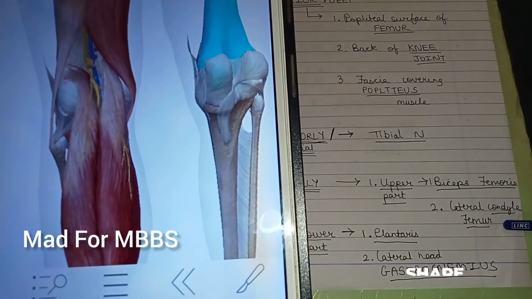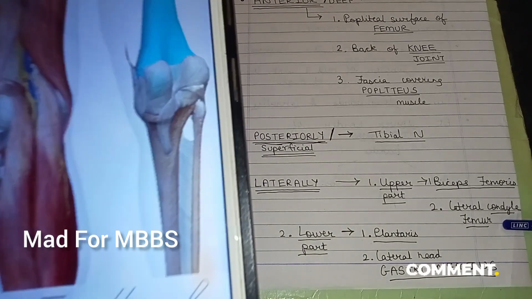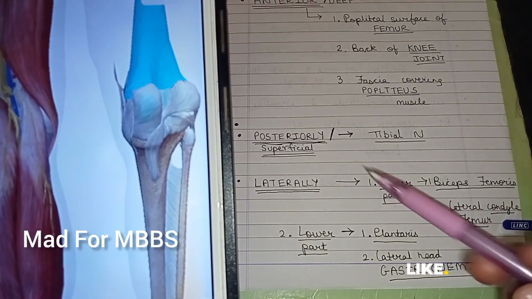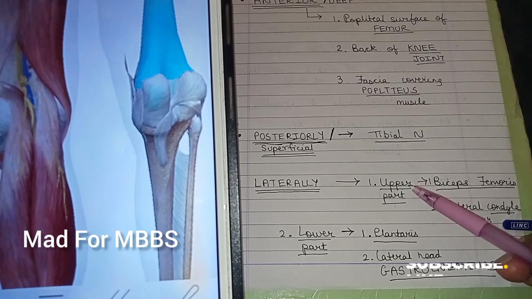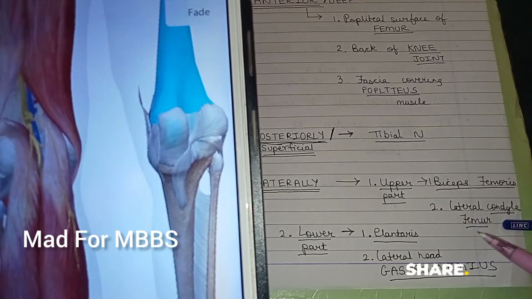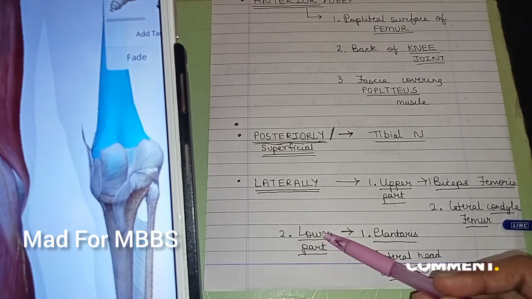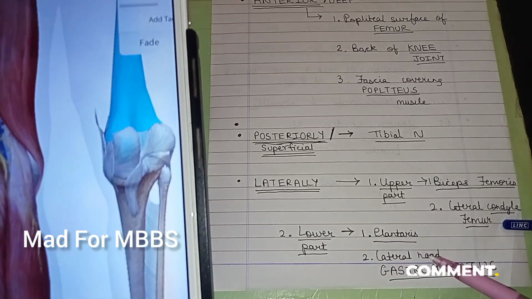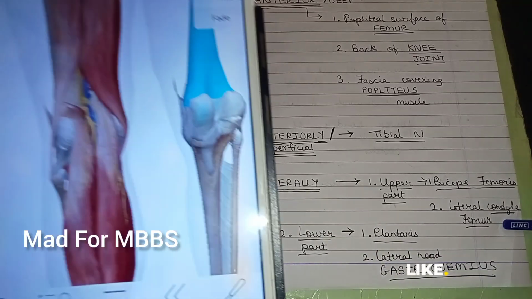So now, talking about other relations of the popliteal artery. Laterally, we have in the upper part biceps femoris, lateral condyle of femur. In the lower part, we have plantaris and lateral head of gastrocnemius.